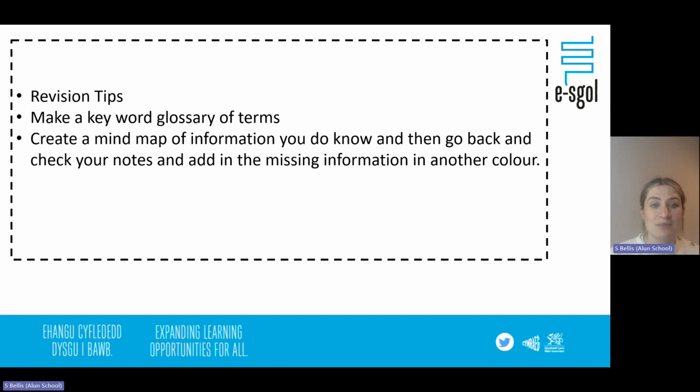And then creating mind maps of information you do know, so do it without your notes, and then go back, check your notes and add in any missing information in another colour. That way you know what you know, but you also can identify what you don't know, and that's also really important in progressing with revision.